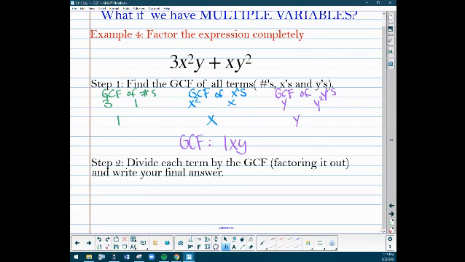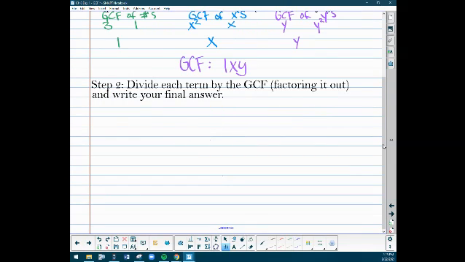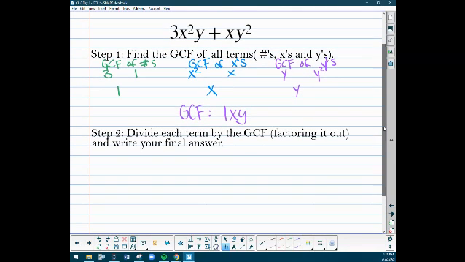Now we move on to writing our final answer. So I write the GCF out in front, 1xy, and then in order to get what's in the parentheses, I have to divide each term by my GCF.